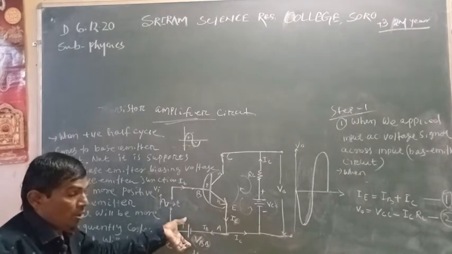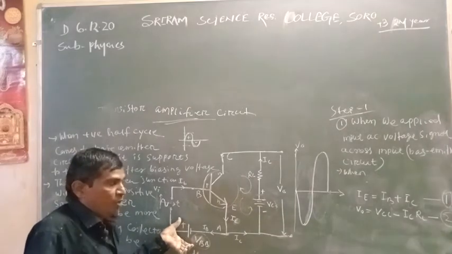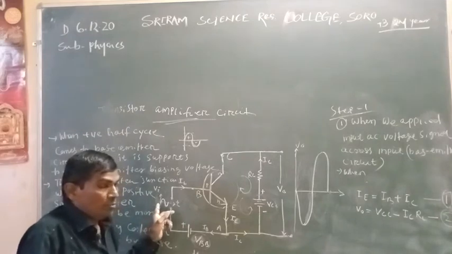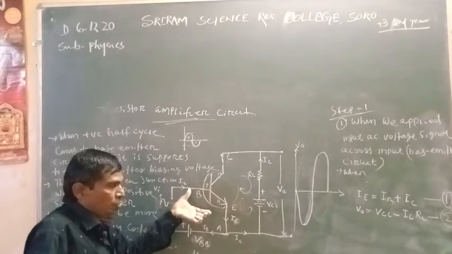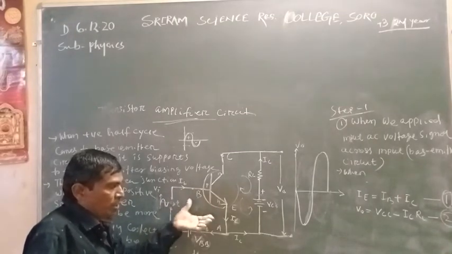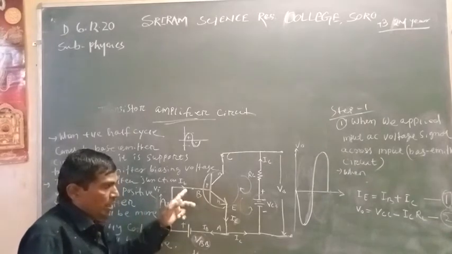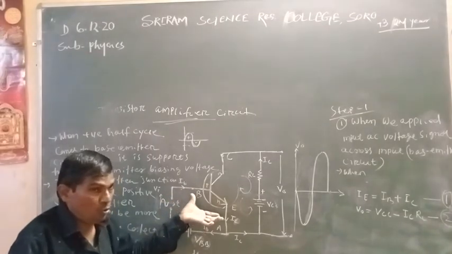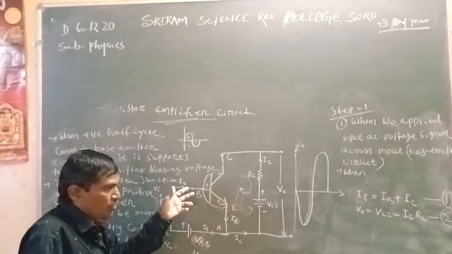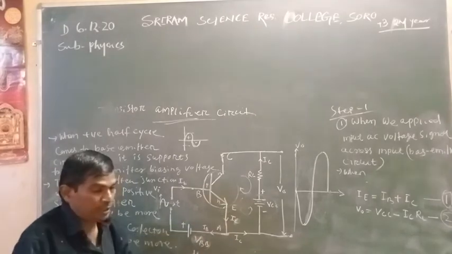So the applied battery voltage, the positive terminal of VBB, is supported by the positive voltage of this signal. Then the biasing junction voltage will be more. When the junction voltage is increased, the emitter current will be increased.